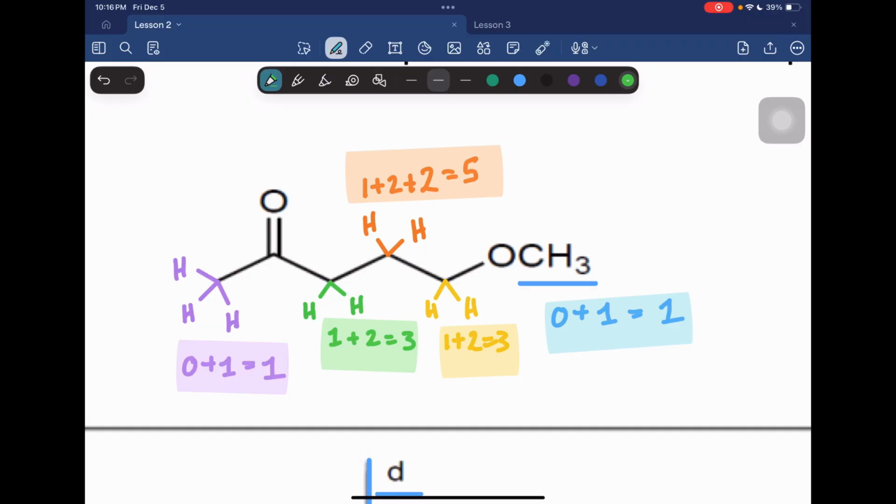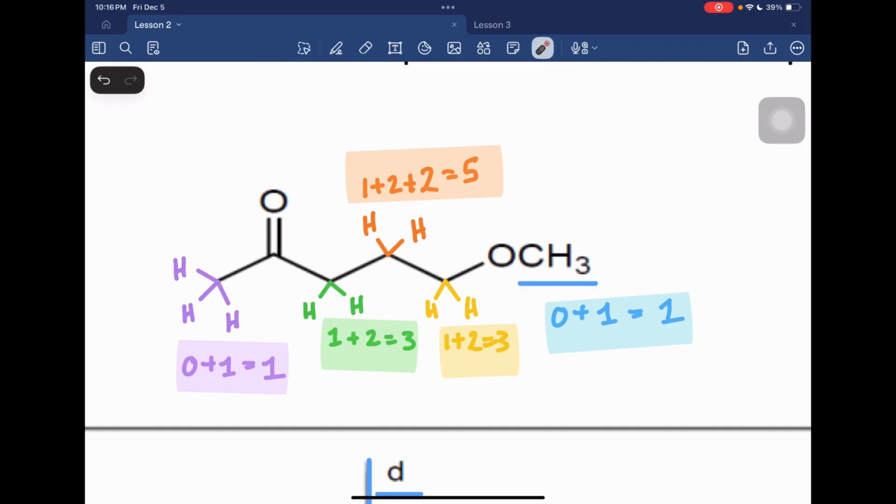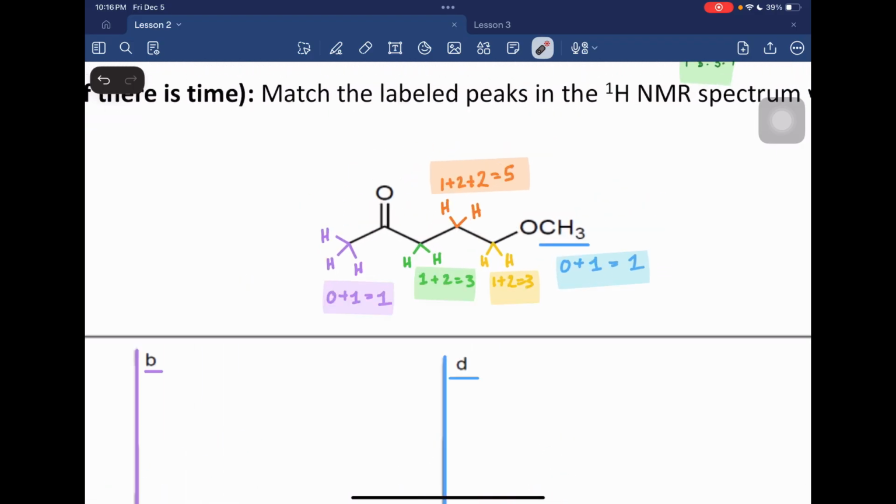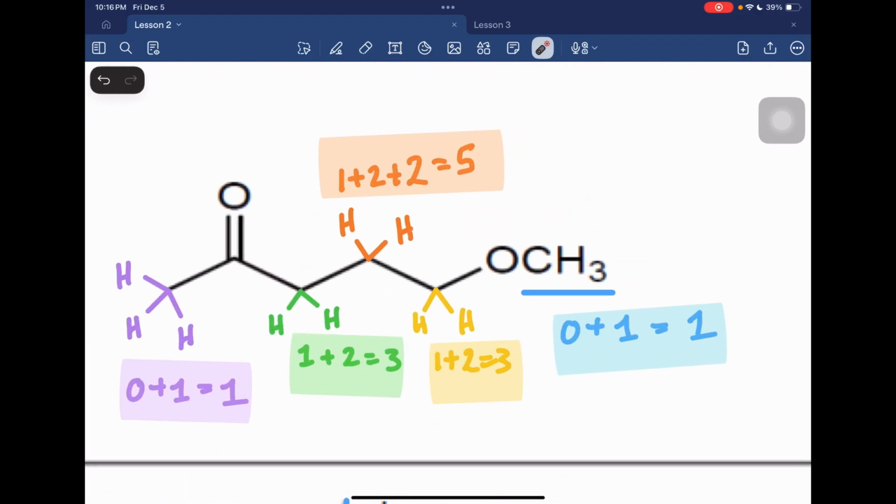So now looking at this, which one would you think is going to be our most de-shielded? Our most de-shielded is going to be this one, right? Because this bond here is short, and this bond here with the carbon is long. Even though we have CH3s, right?